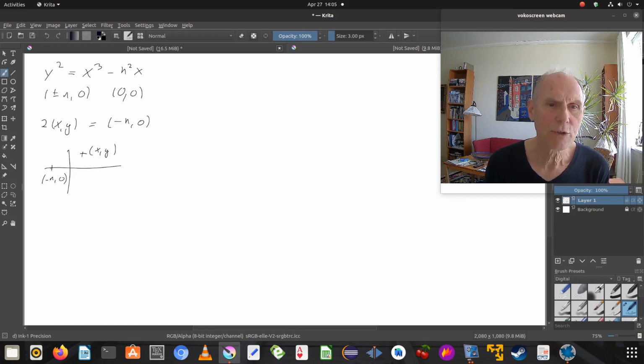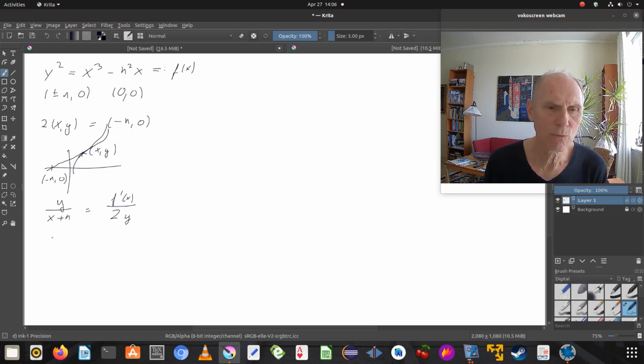And one way to do that is to say that the slope of this line must be equal to the slope of the curve here, of the elliptic curve. That means that y divided by x plus n equals the derivative. We call this f'(x) divided by 2y.